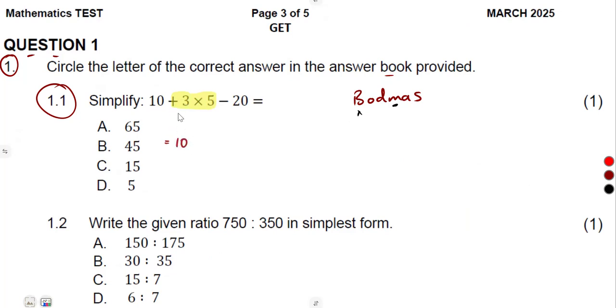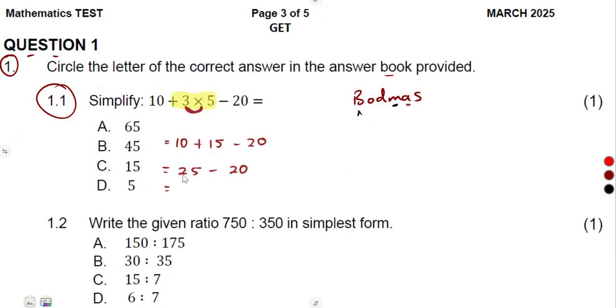Positive 3 times positive 5 is positive 15. Then we have 10 plus 15, which is 25, minus 20.